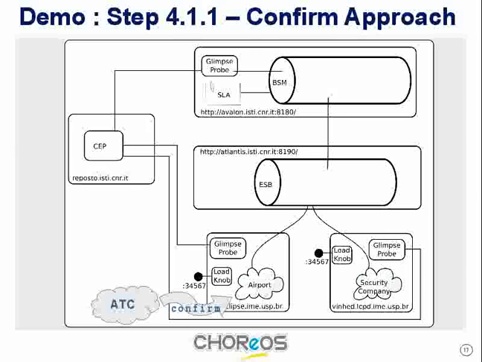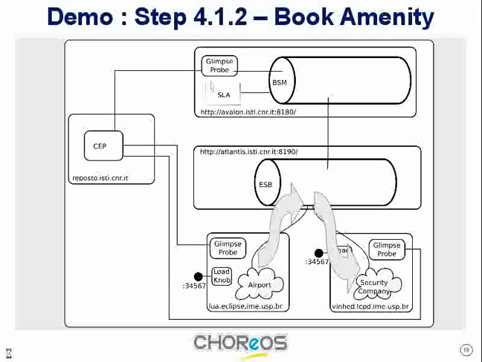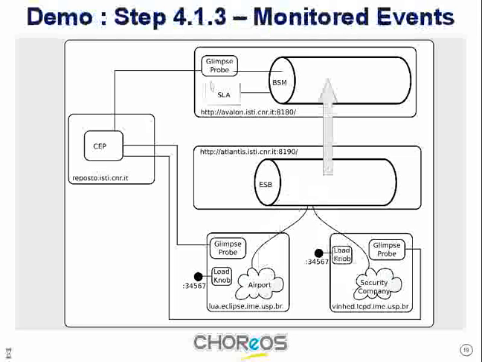So with respect to the choreography I presented at the beginning of the video, we simulate the ATC services invoking the airport services on the confirmation approach task, so invoking the confirm operation. When this happens, after the airport accepted the confirmation, the airport starts interacting with the other services, for example the security company, and this interaction takes place passing messages through the ESB.